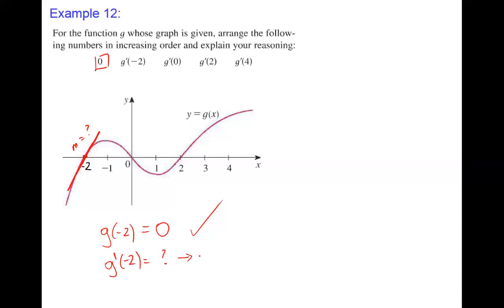Exactly. This is the slope of the tangent, that's what I'm trying to point out. Slope of the tangent for g of x at the point -2.